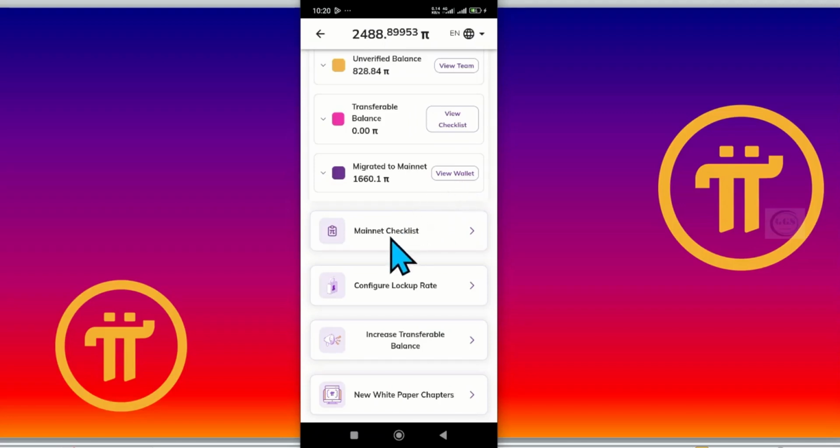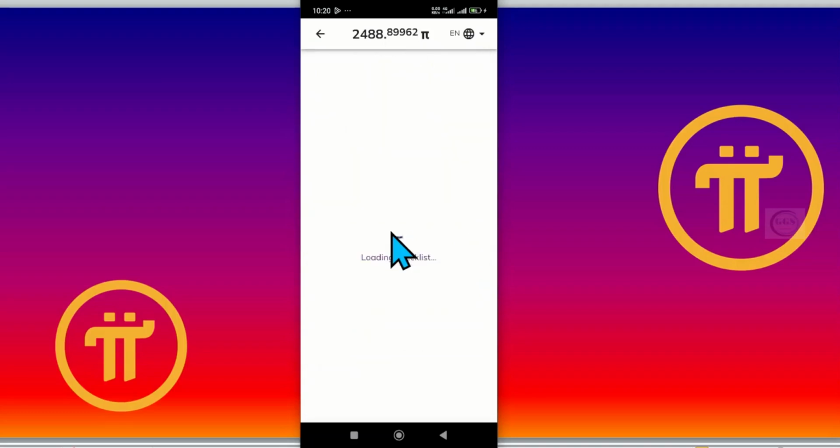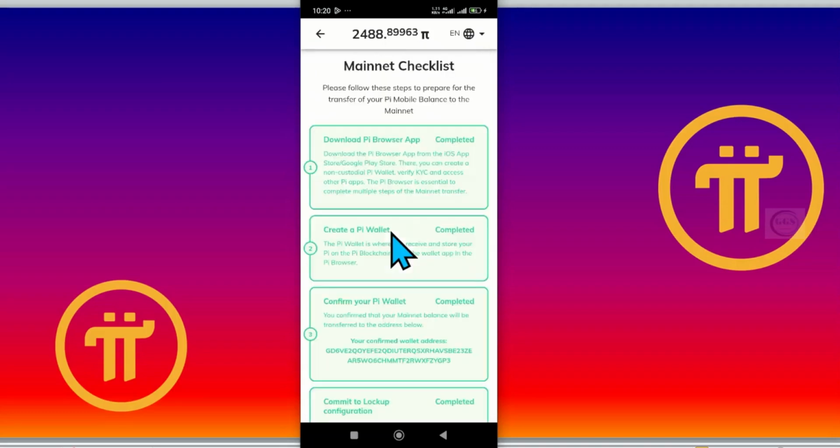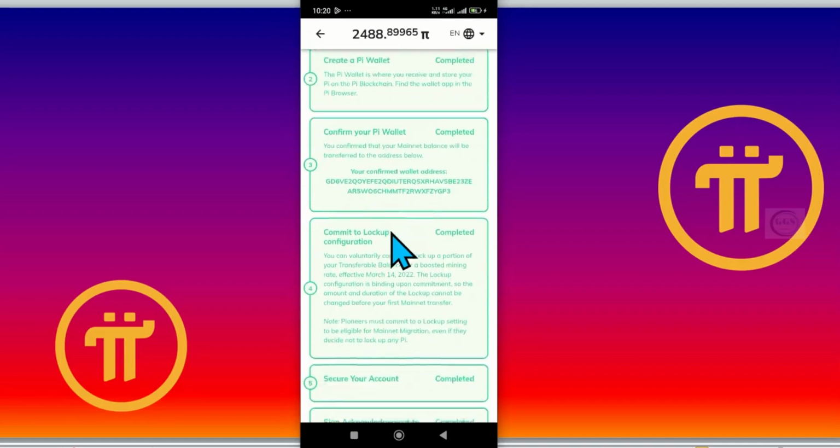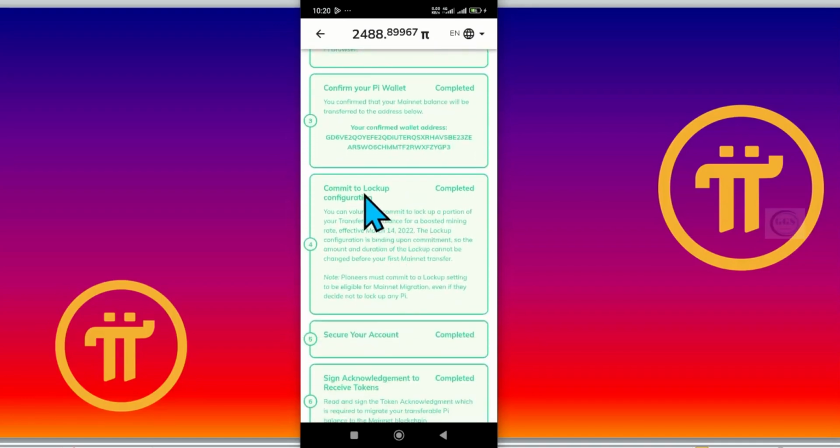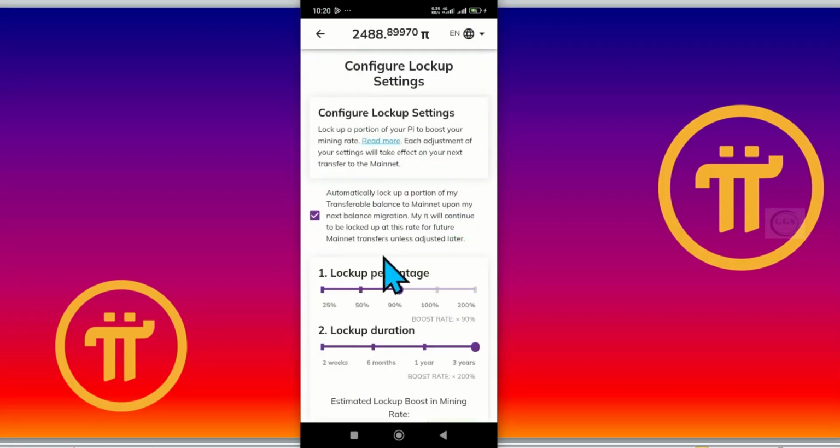Now let's go back to the mainnet checklist, because during the mainnet checklist you committed some amount of pie as lockup. So let's open mainnet, then scroll down and come to commit to lockup. If you open it, yes, this is it.